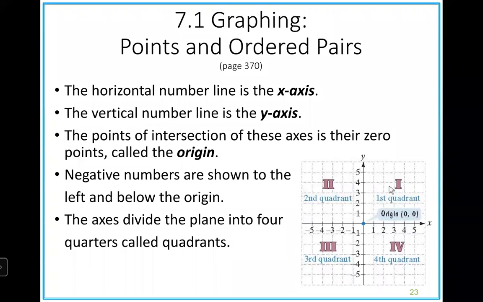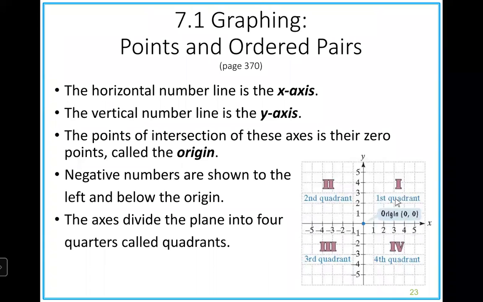So this here is the first quadrant, and we go anti-clockwise. The second quadrant, the third quadrant, the fourth quadrant. Of course, quadrant comes from the word quarter, meaning that you break up something into 4 parts. Okay, so 4 quadrants are formed when the 2 axes intersect.